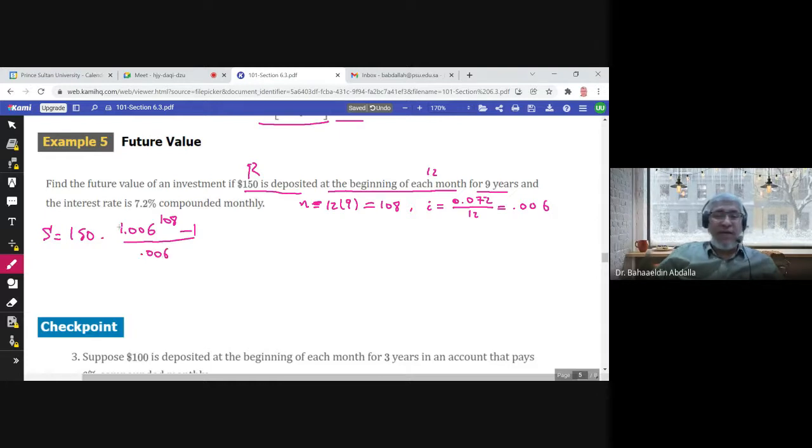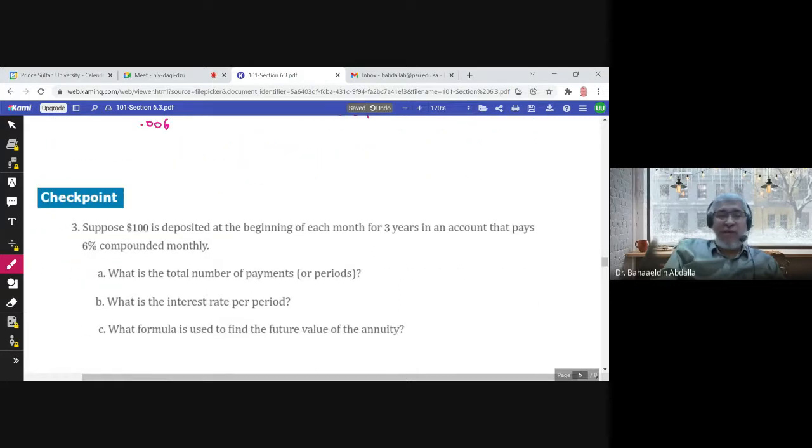This is exactly the formula of our ordinary annuity, but then you multiply by 1 plus i, 1.006. That's it. You use the calculator and the answer would be $22,836.59. So this is the future value of this annuity due.